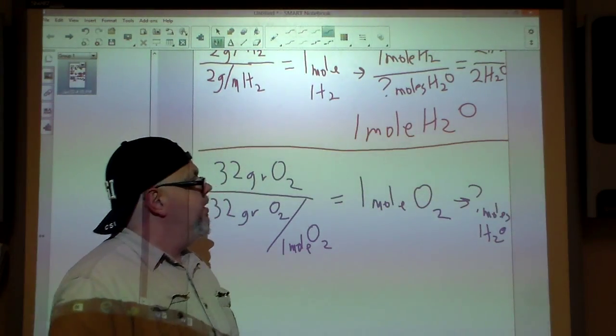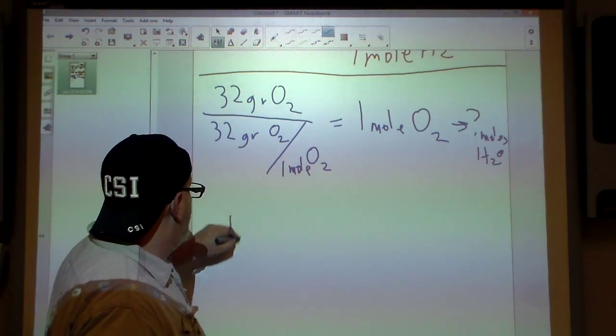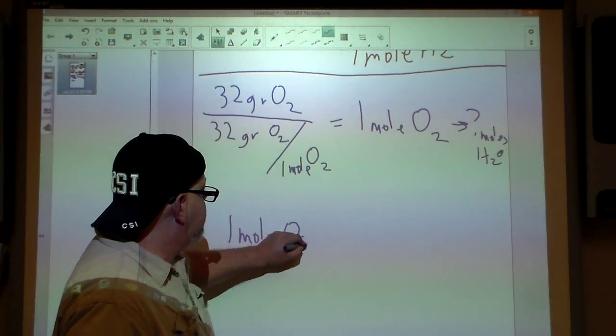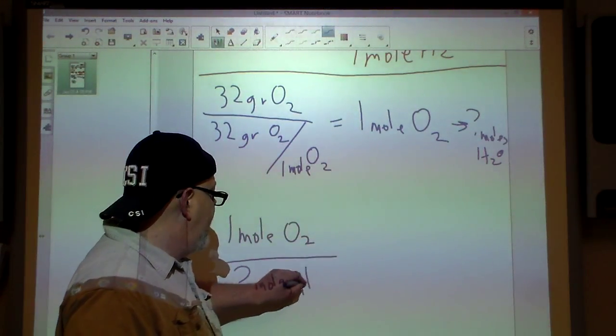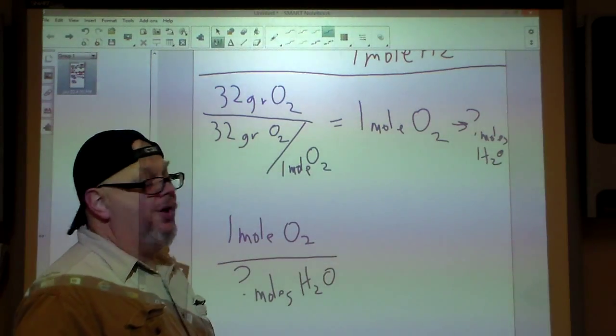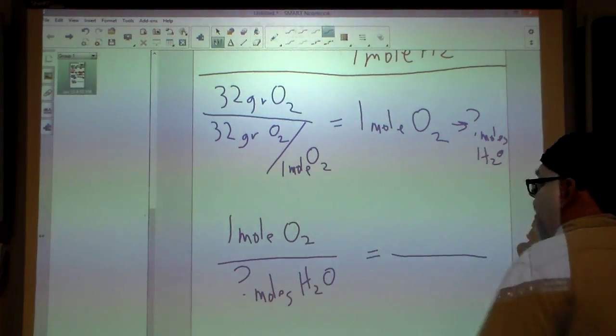So now we know, let's move on down here. We know that we have 1 mole of O2. I don't know how many moles of H2O I have. It is going to equal something else though.